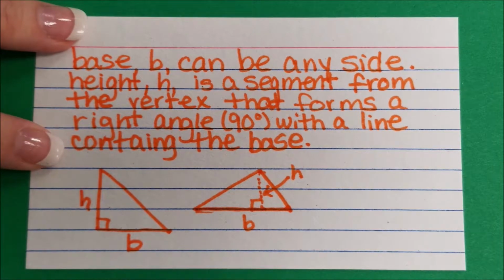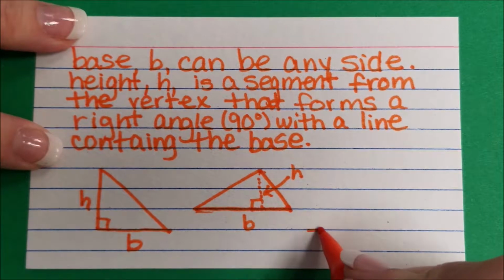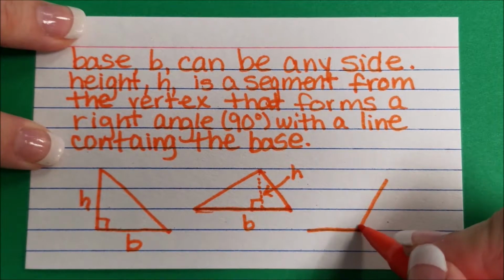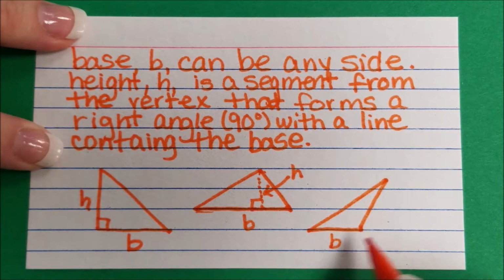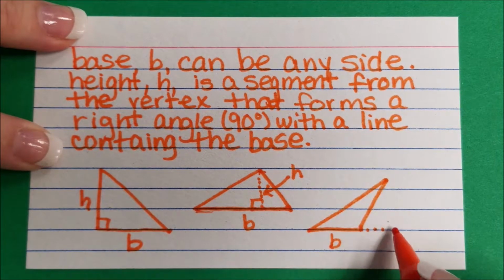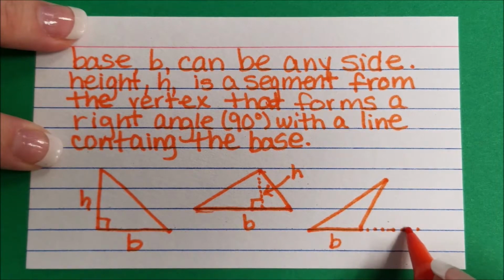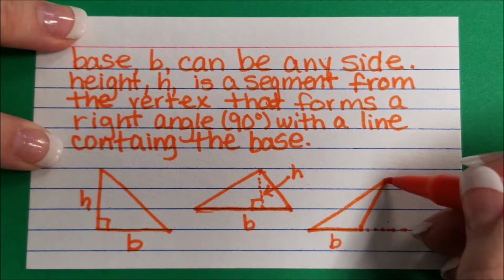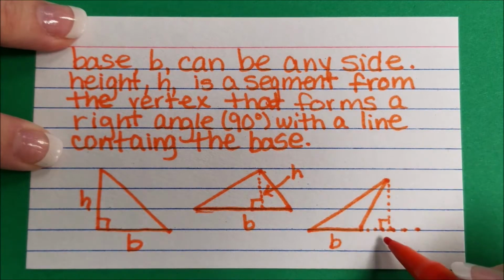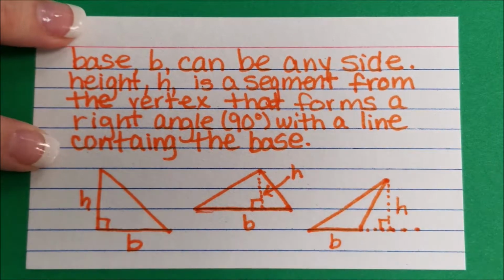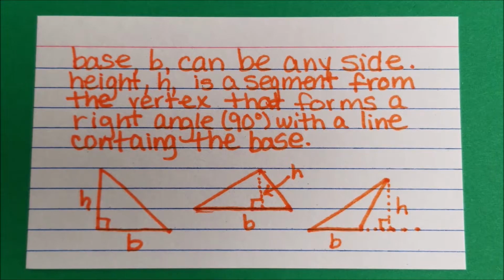Now that height doesn't have to be inside the triangle either. If I have something like this triangle and I make this the base, I could extend that base and from this vertex come down and make a right angle, and that would be the height outside of the triangle.